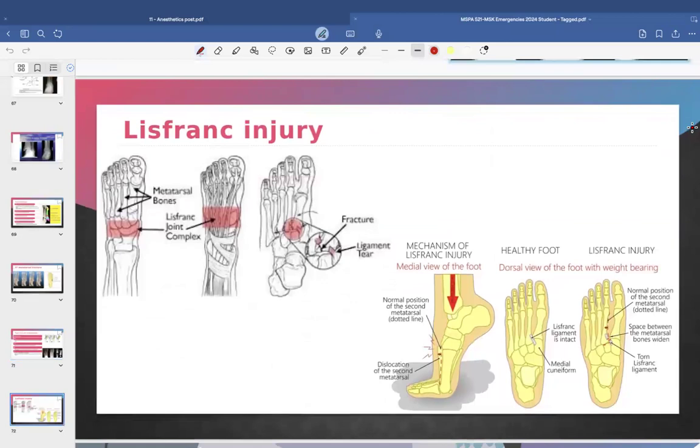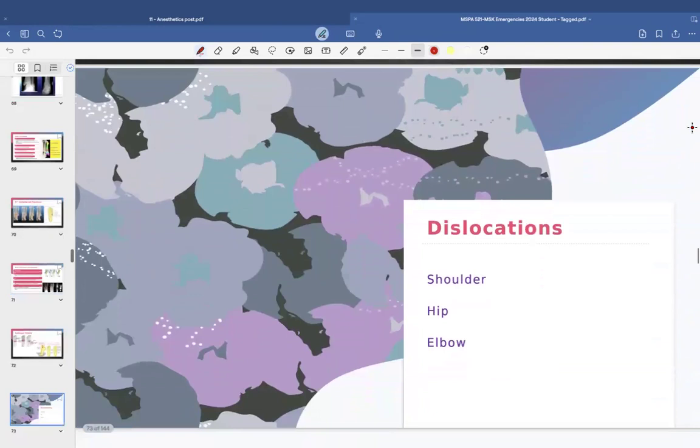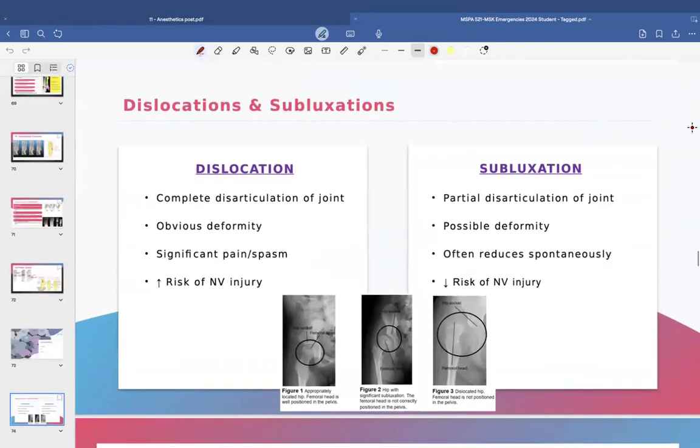All right, dislocations. We'll show you some joints being out of place. I would not really do reductions if you're just straight up in the ED; I would call orthopedics to do your reductions. I don't know, what do you guys do?